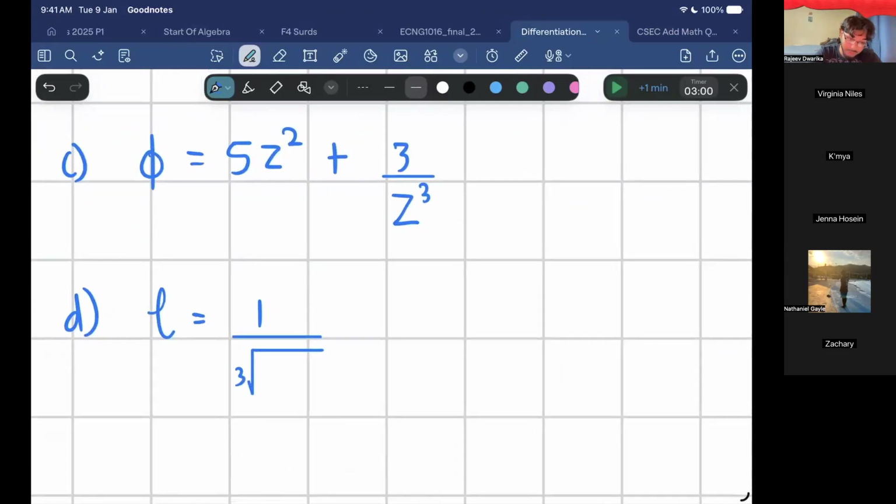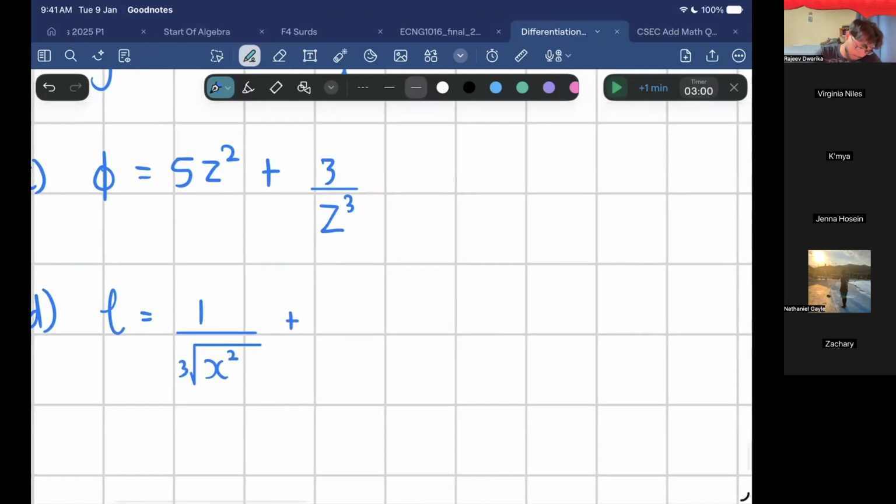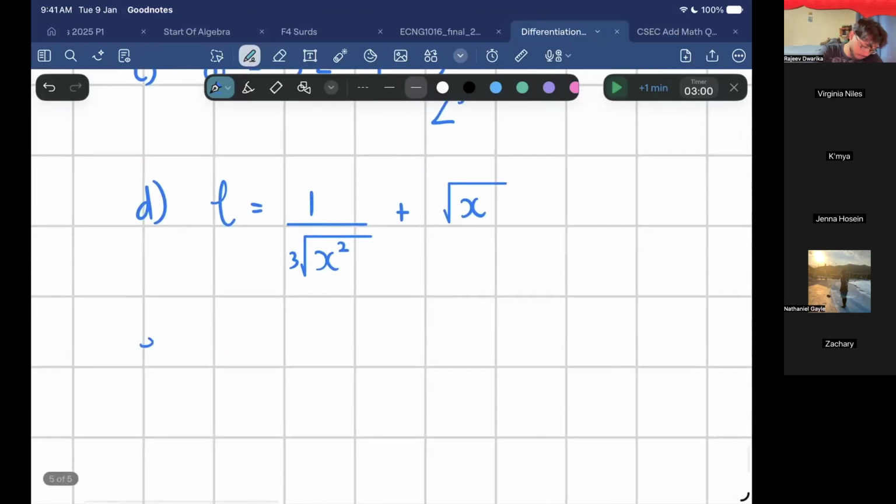That's a cube root and not a tree. Oh, and I got to prepare a nice question for you here. x plus 3 over x minus 7. Well, you can get through with this one.